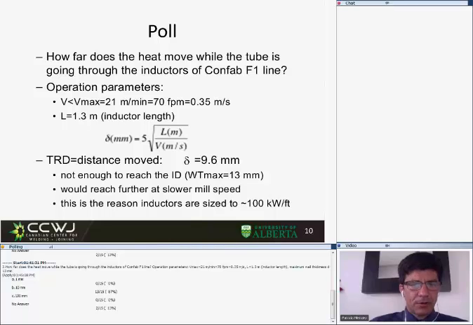That's the way a square root works. And this is also the reason why the inductors are sized 200 kilowatt per foot, because if you put all the kilowatts at the same time, you're not giving time for the heat to propagate, and you would end up overheating the outer surface of the tube.